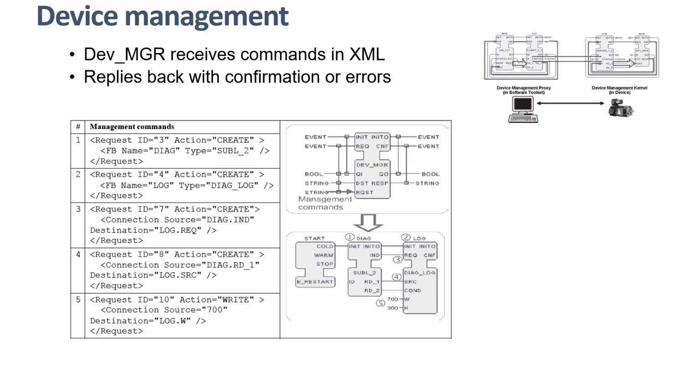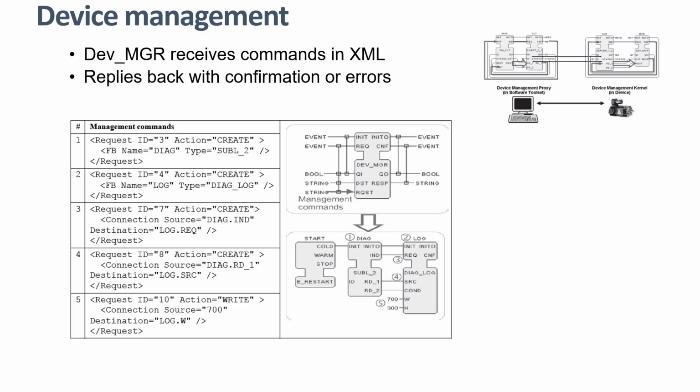So here is an example of how the device manager communicates with the device in order to create a small function block application consisting of 3 function blocks that are connected with several event and data lines.